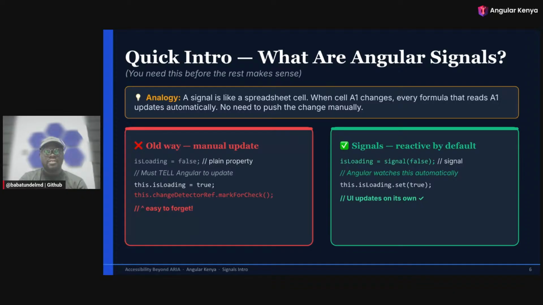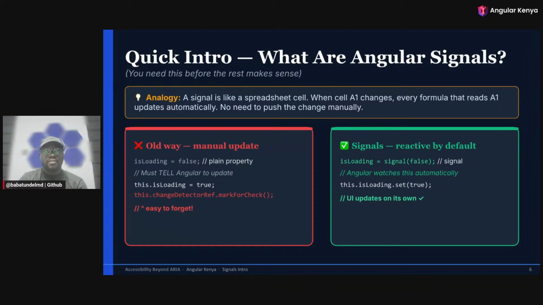I want you to have that mindset. Accessibility in this session, as I like to put it, is you being up to date with the latest APIs or the latest features that Angular has released. That in itself will make your application robust and accessible.